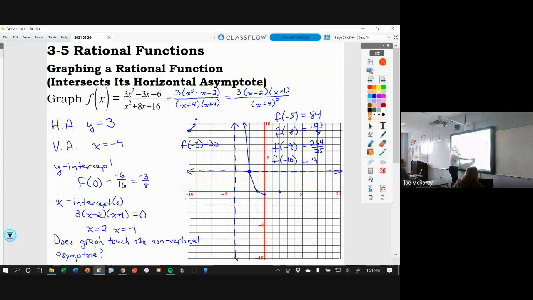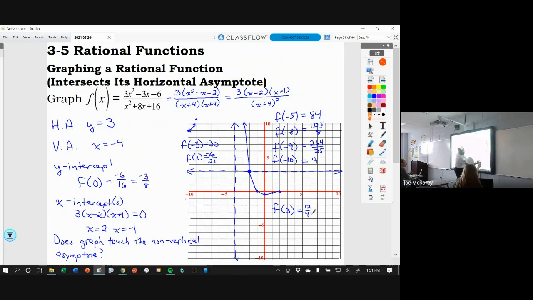Can you give me a value of f of 1? Negative 6 over 25. Okay, so a little bit below. So it's coming up. And how about f of 3? 12 over 49.